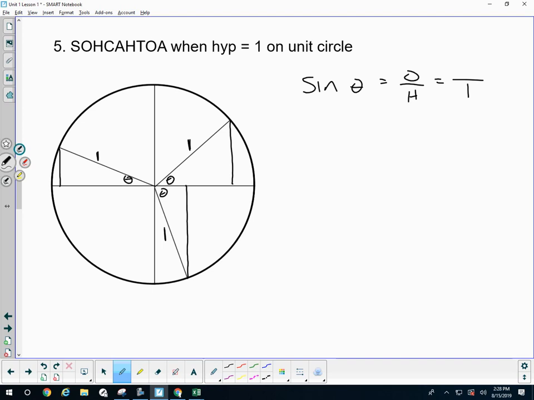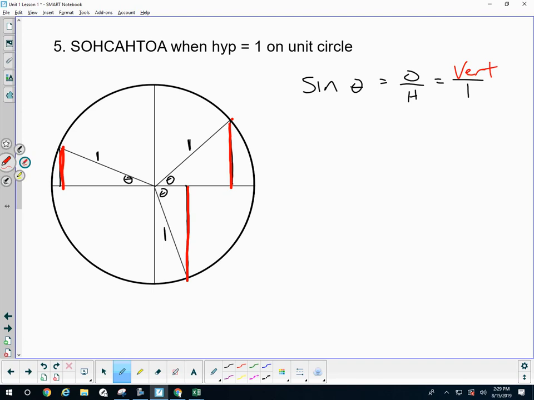I don't have to worry about the hypotenuse because dividing by 1 doesn't change anything. The opposite side length is always the vertical distance of my triangle that I create, or the vertical distance getting to the point that my angle is producing. That's key.